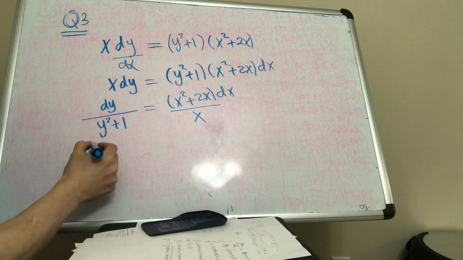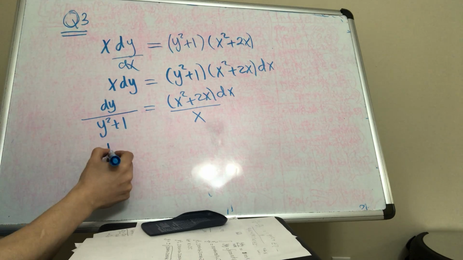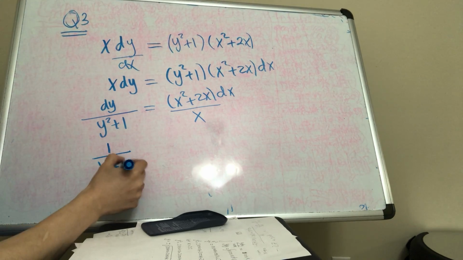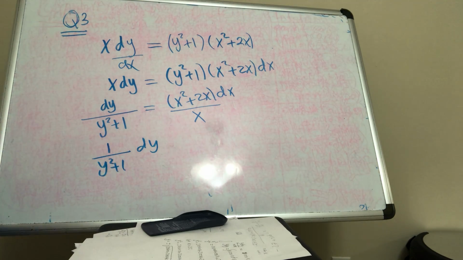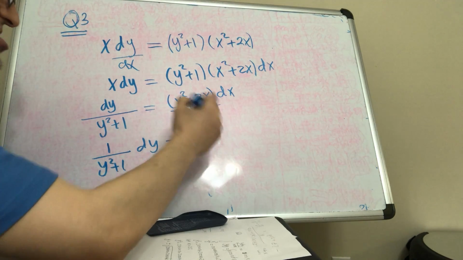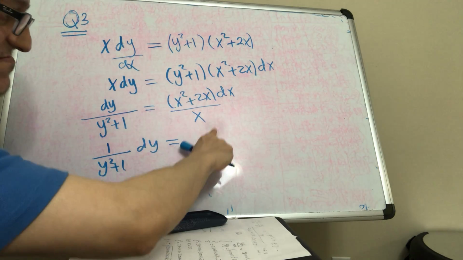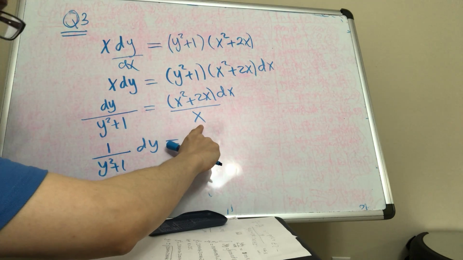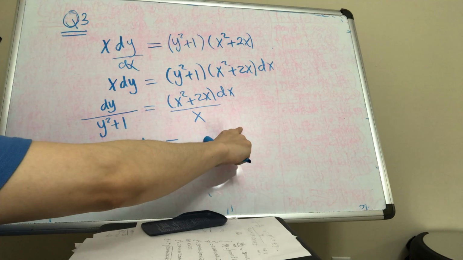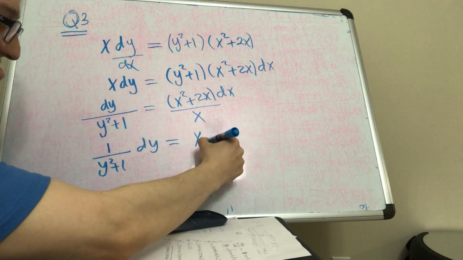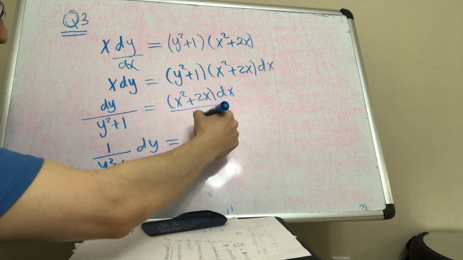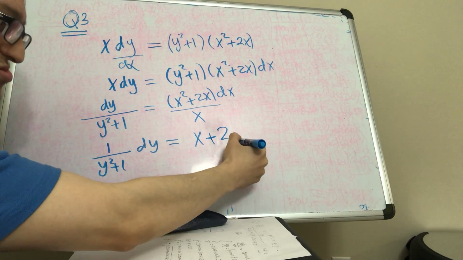Yes, instead of dy, I can say it's 1 over y squared plus 1 dy. Usually, when you have one term in the bottom, you can do the distribution. So x squared over x is x, and 2x over x is 2.